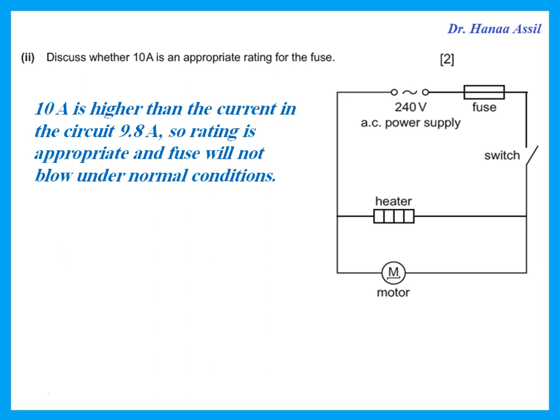But actually, you have another answer also. You can also say that the 10 is very close to 9.8, so any slight increase in the current would cause the fuse to blow. So either one would be correct.